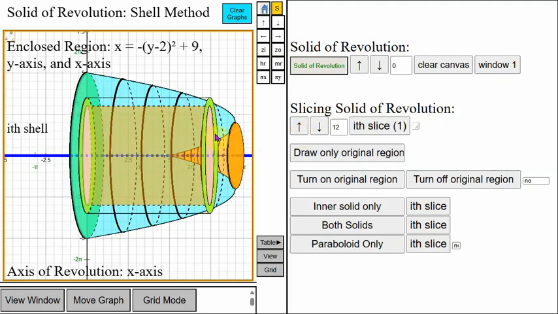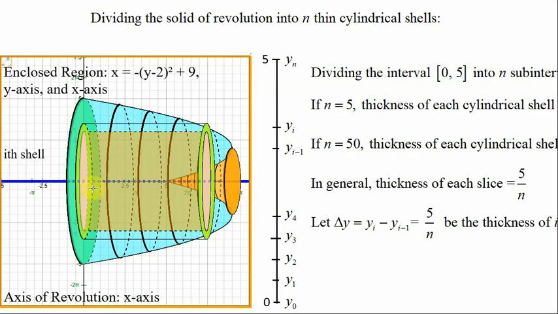And now instead of 10 shells, let's divide this solid of revolution into n shells. This would be one of the shells, and so let's call it the ith shell. I'm going to divide the interval from 0 to 5 into n subintervals.